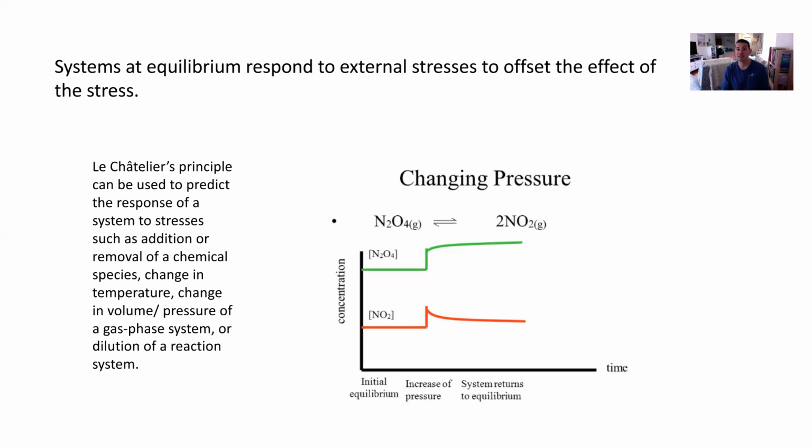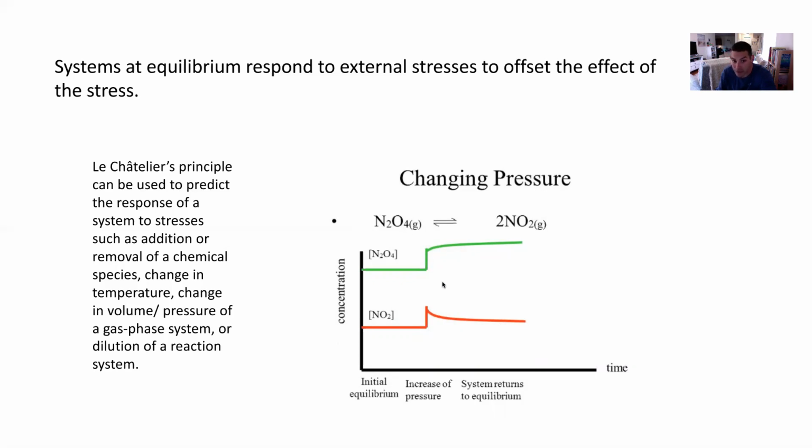Increasing the pressure of a system usually goes with decreasing the volume, and vice versa. If you increase the volume, you would decrease the pressure. In this example, we're increasing the pressure on the system. What we see is the NO2 decreases and the N2O4 increases.